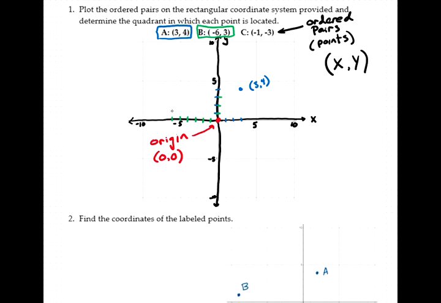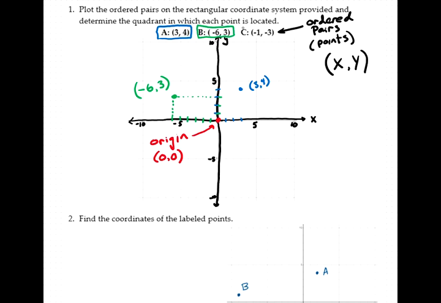And so that will put us right here. So this would be the point -6, comma, positive 3, or x equals -6, y equals positive 3. You see, we're here at -6 on the horizontal axis. We're here at positive 3 on the vertical axis.